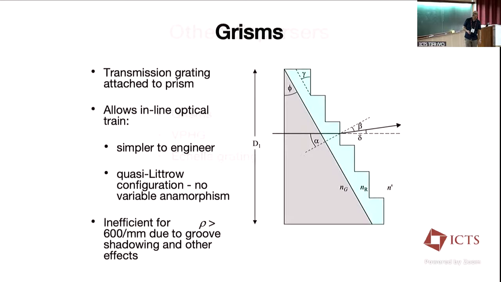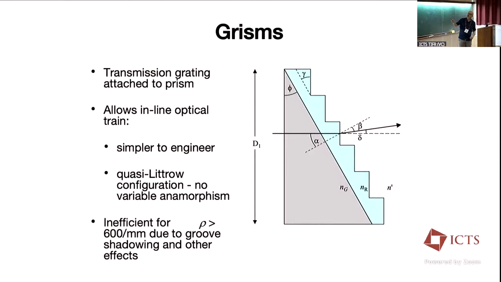I will be very short. There are different grisms, different grating types or different dispersers. That's a grism. It's basically a transmission grating. It's the same formula, huh? It's identical. But here I'm making sure that the average deviation angle is 0 by gluing the transmission grating on a prism.